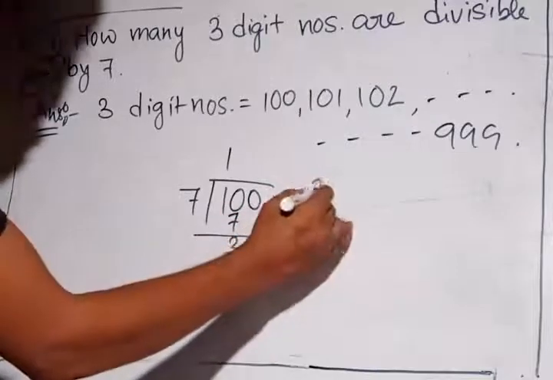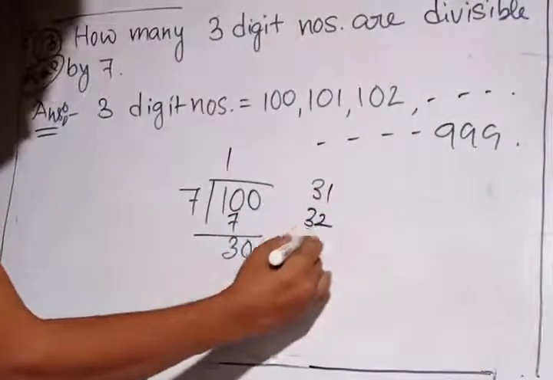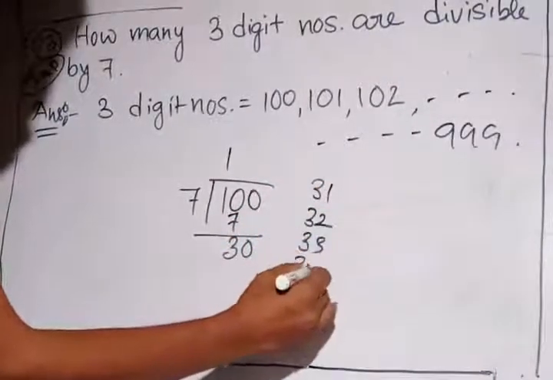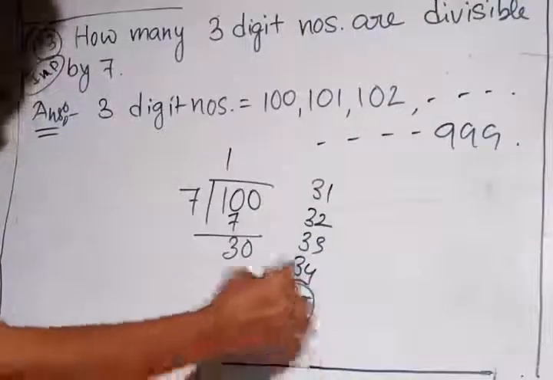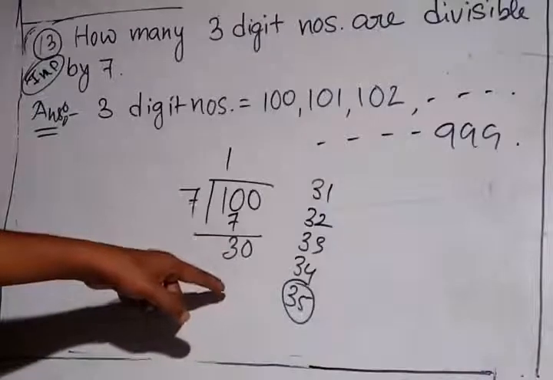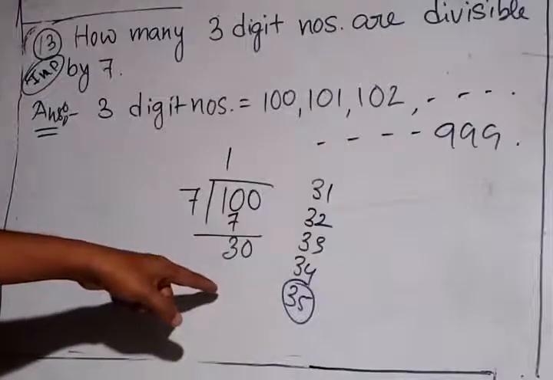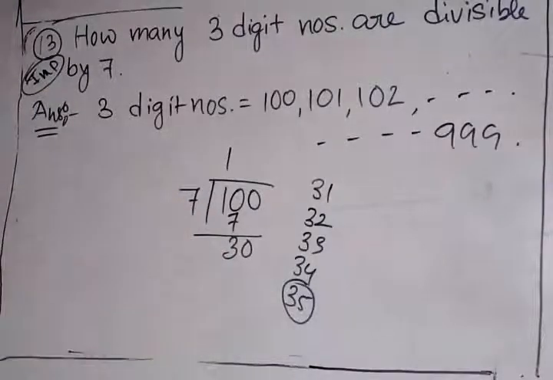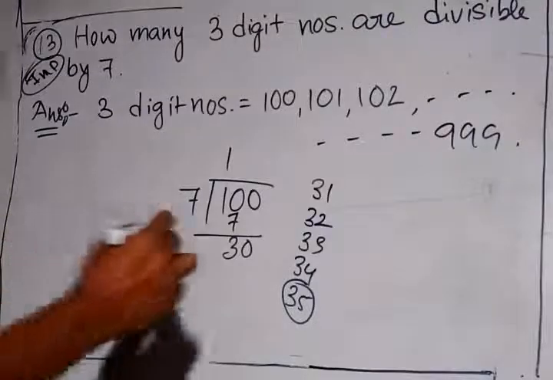Definitely not 31, not 32, not 33, not 34, but 35. 35 is divisible by 7 after this 30. The next number which is divisible by 7 is 35. To get the 35, what you have to do? It is 5 more than this 30.